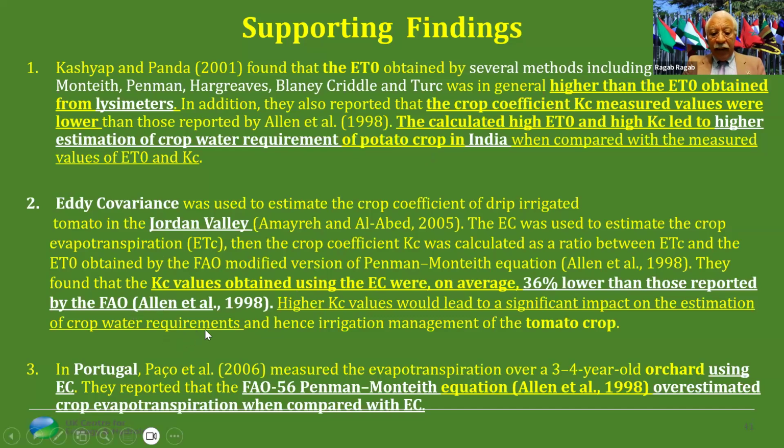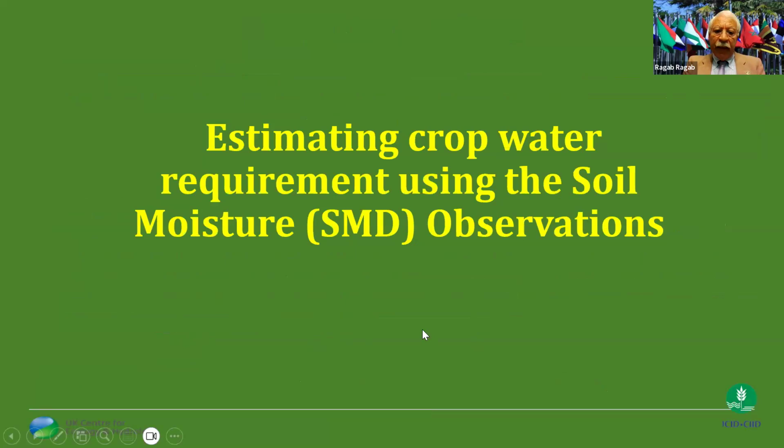And in Portugal as well, they also used Eddy Covariance, and they found an overestimation by the FAO equation compared with what they measured by Eddy Covariance. There are several, I just selected a few here, and that shows us that we've got to be careful with what instruments we use in terms of measuring evapotranspiration.